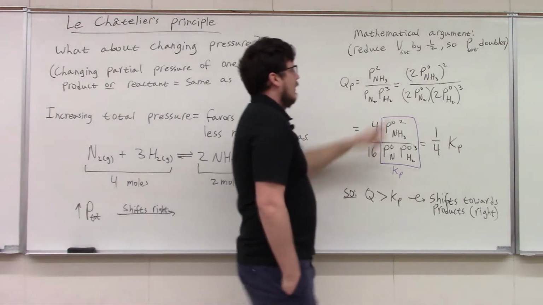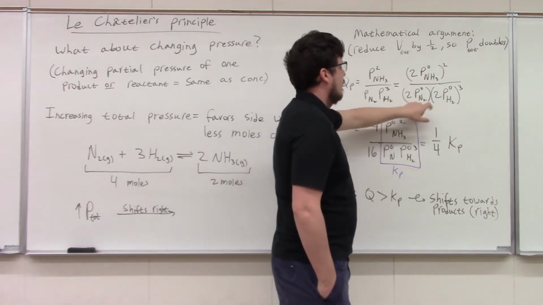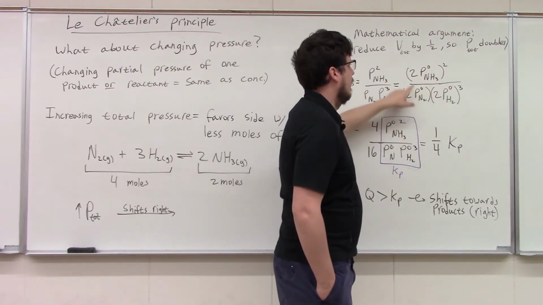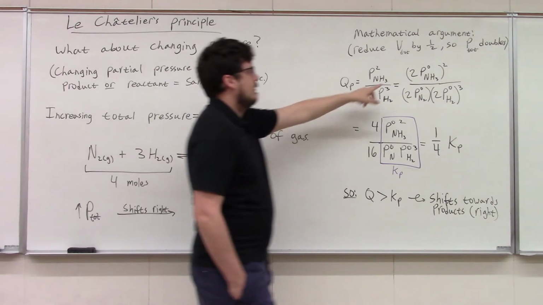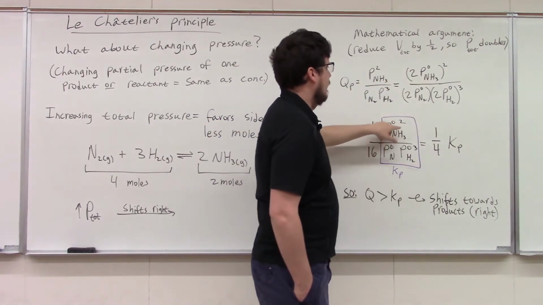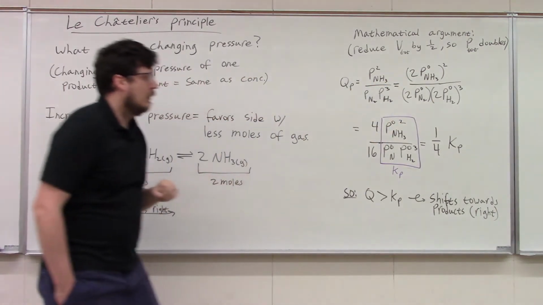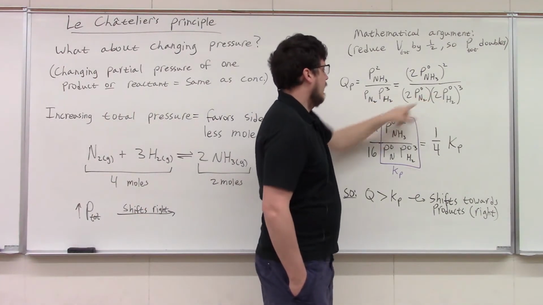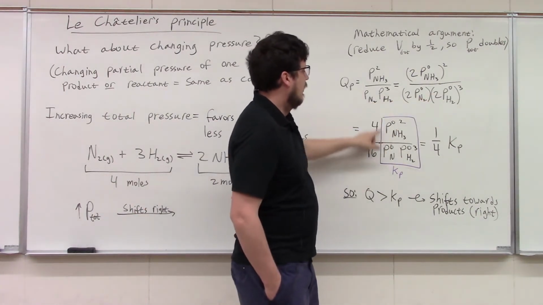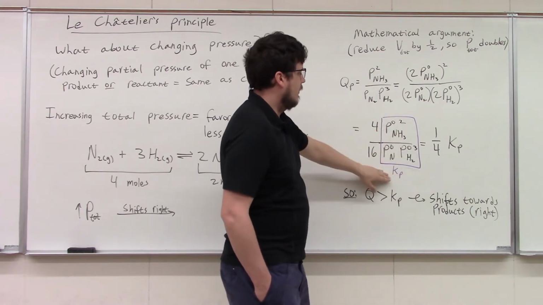So I have 2 times this pressure, 2 times this pressure, 2 times this pressure, and all my exponents go on the outside. If I factor out those exponents, this ends up being 4 times the pressure of NH3 squared at equilibrium. Underneath we get 2 times 2 cubed, which is 8, so that's 16, and these partial pressures are all the equilibrium values, so that's Kp.